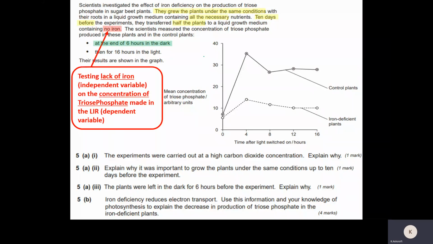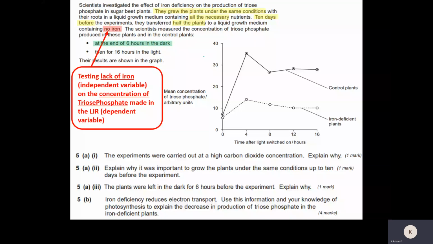Now we could annotate this because we know in the dark, there's no LDR reactions. So that means that there's a lack of ATP and there's also a lack of NADPH, because if there's no light, there's no photoionization and there's no photophosphorylation at the thylakoid membrane.